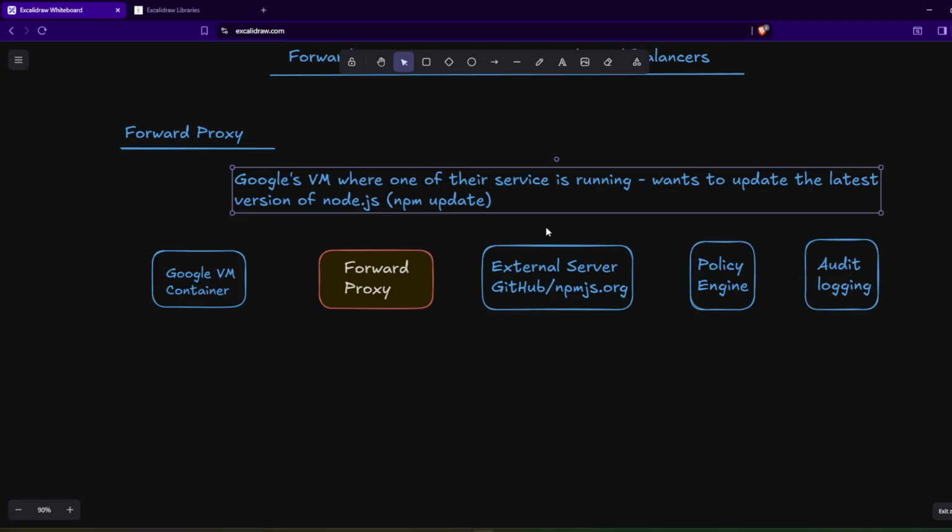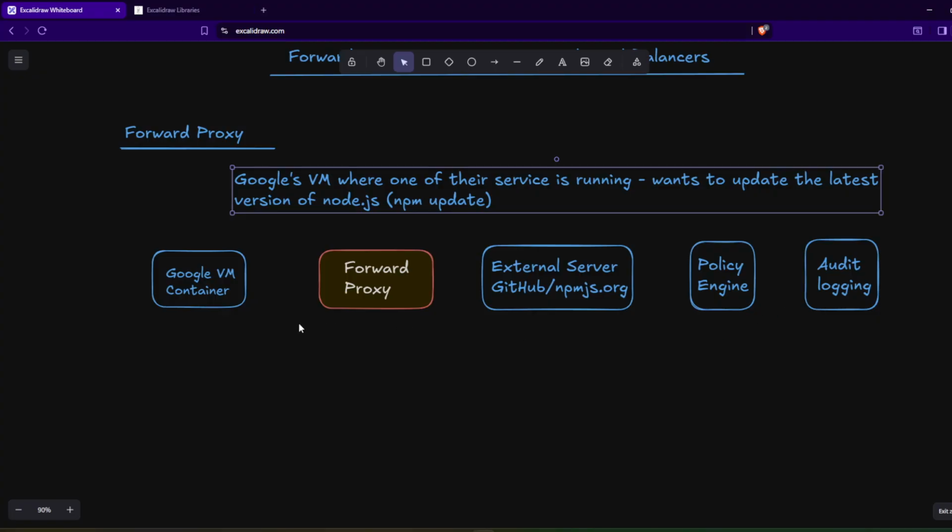And in our use case, it will try to get some sort of update, maybe from GitHub, or maybe something from npm.js, like npm update react, something like that. And there are some other components as well, like the policy engine and audit logging.